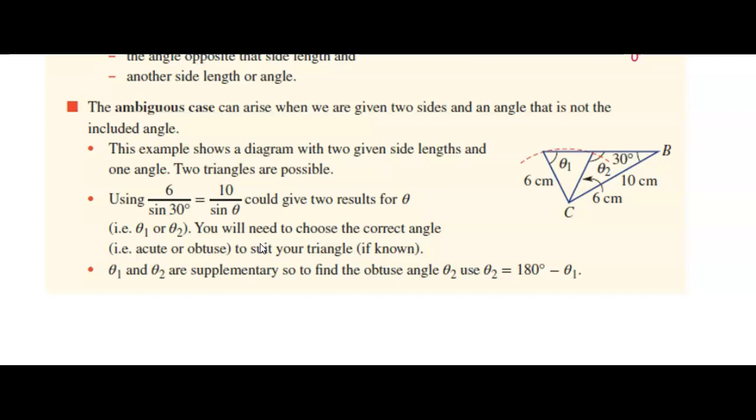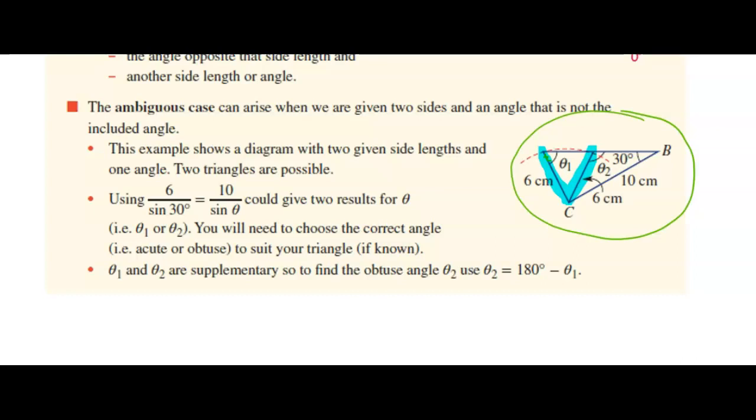So if I look at this diagram here, that I've just circled, if you were finding theta, you could have two possible values because this length here, actually I might highlight it, just because I like highlighting things. This side here is the same as this side. So I could effectively draw two triangles.